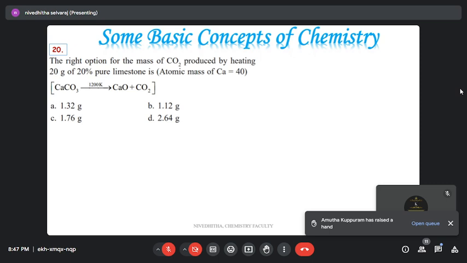Check whether the equation is balanced, come up with the inference, and calculate how much mass of carbon dioxide will evolve if you take 20 gram of 20% pure limestone. I'll give you 1 minute, okay?